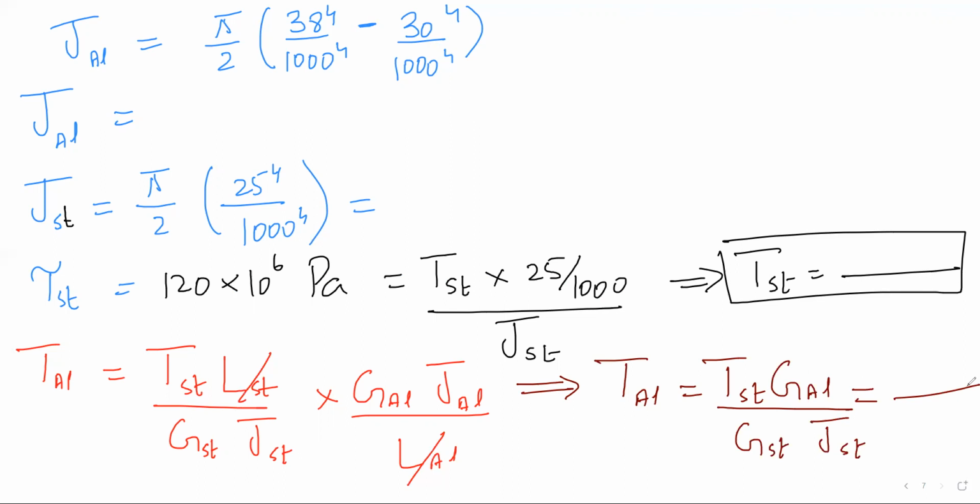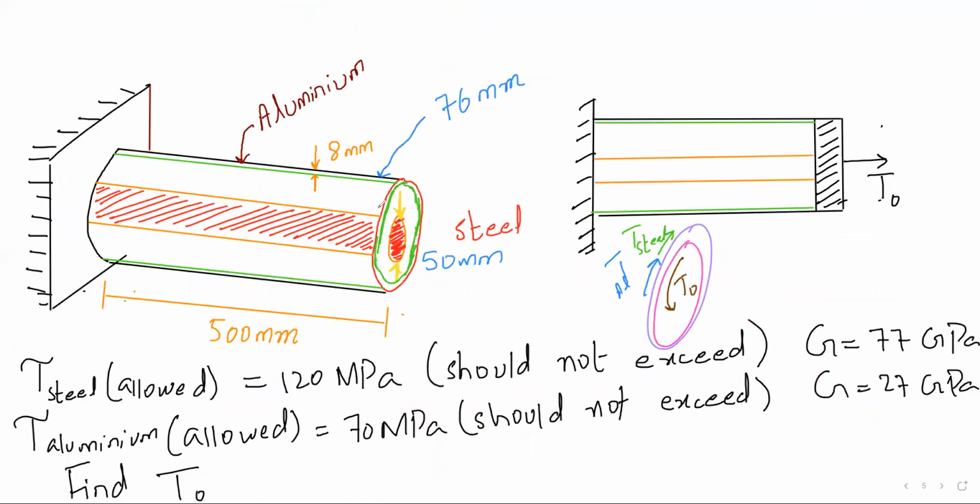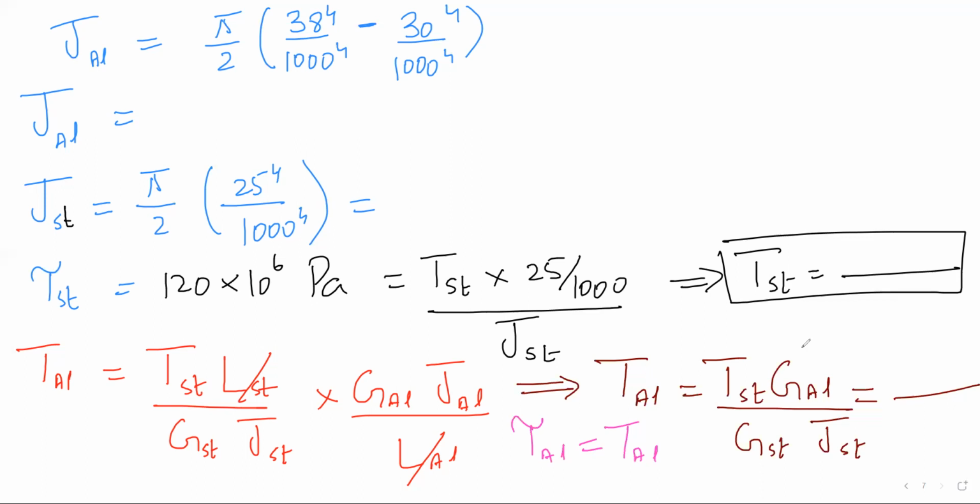Now the value that you have got, you will say shear stress aluminium is equal to T times the maximum radius of aluminium, which is 38, over J aluminium. Give me the value.